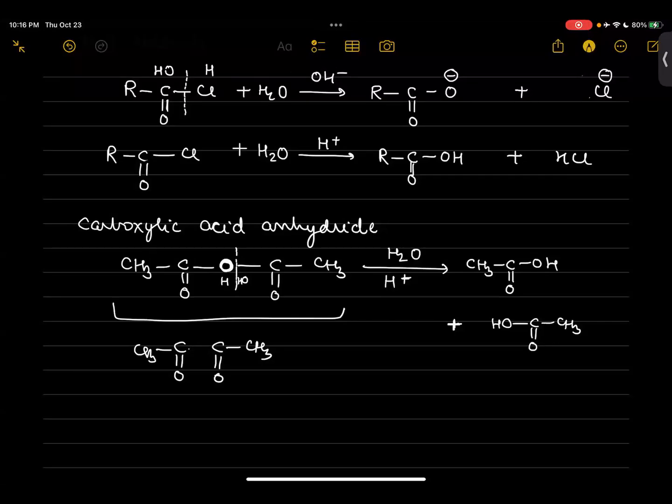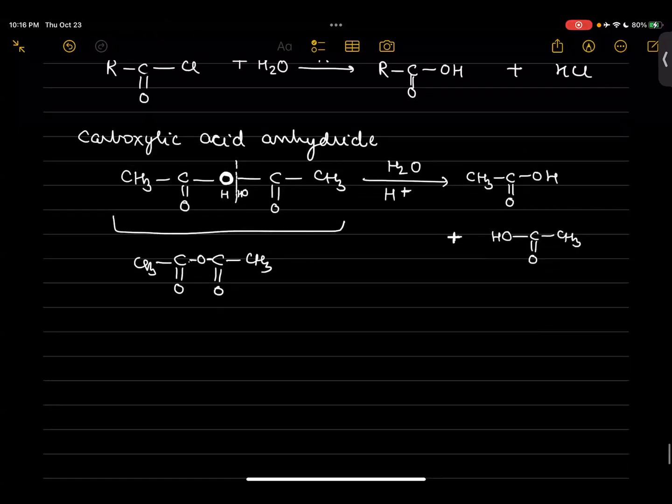Actually, you have anhydride. Anhydrides are formed by removal of water from two carboxylic acids. And when you put water again, they will break again into their corresponding carboxylic acids. The name also indicates the same: anhydride means without water.